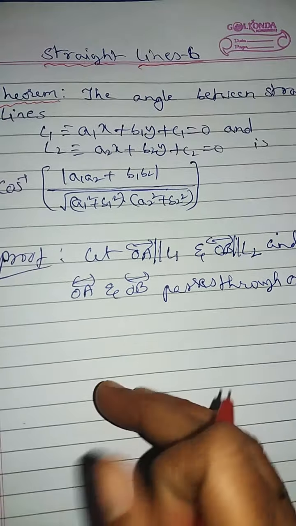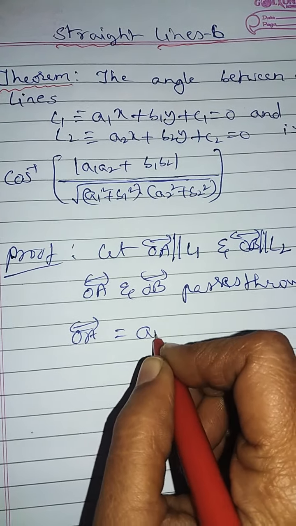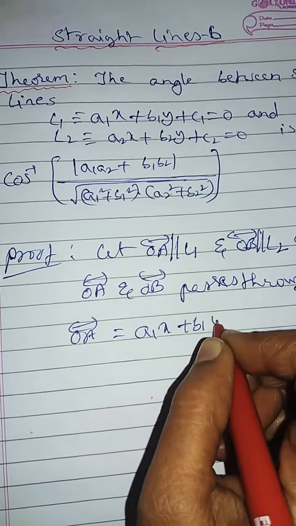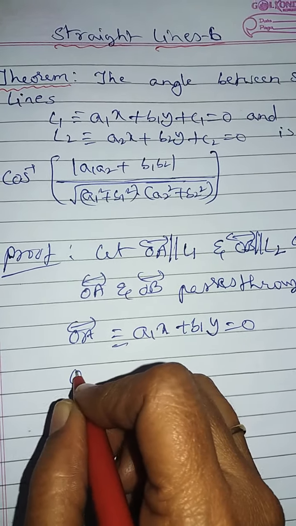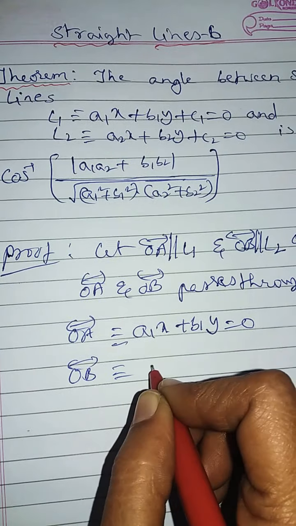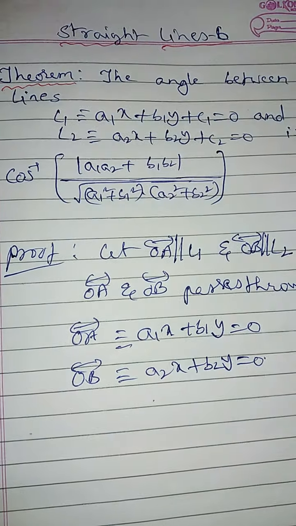When these two lines pass through the origin, OA line becomes a1x + b1y = 0 and OB line becomes a2x + b2y = 0.